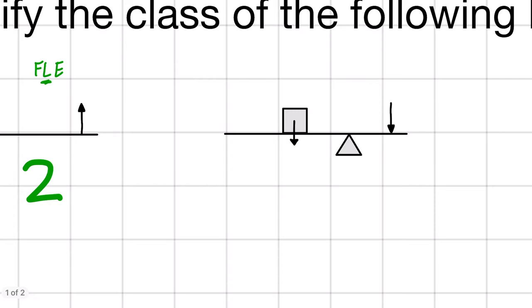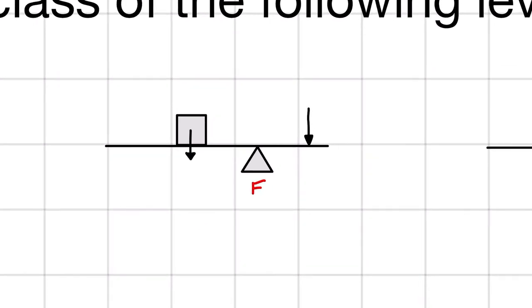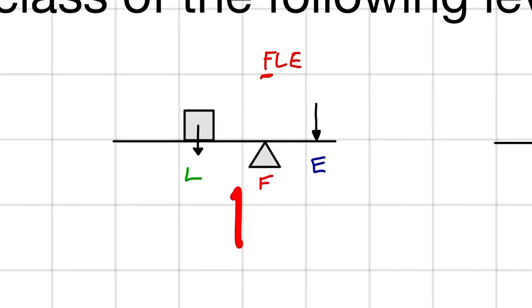And for this one, in the center, we have our fulcrum. This is the load and the effort. So the fulcrum's in the middle, and according to our FLEE acronym, having the fulcrum in the middle tells us it's going to be a first class lever. So it's going to be a 1.